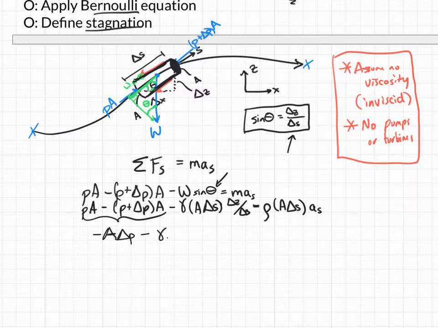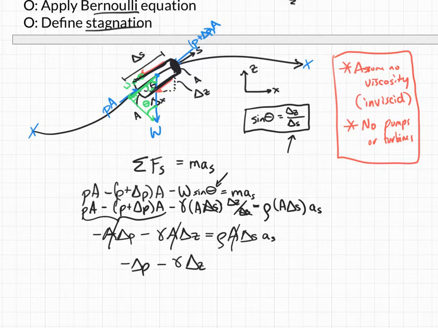Minus gamma times area, and the delta s's cancel. I'm left with delta z equals rho times area times delta s times a sub s. Noticing that all those areas are going to cancel because every term has one, I'm left with negative delta P minus gamma delta z equals rho delta s times a sub s.